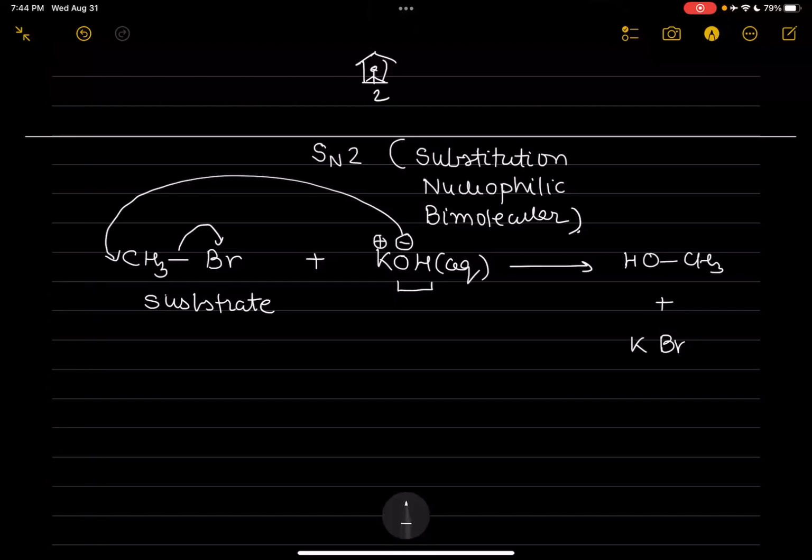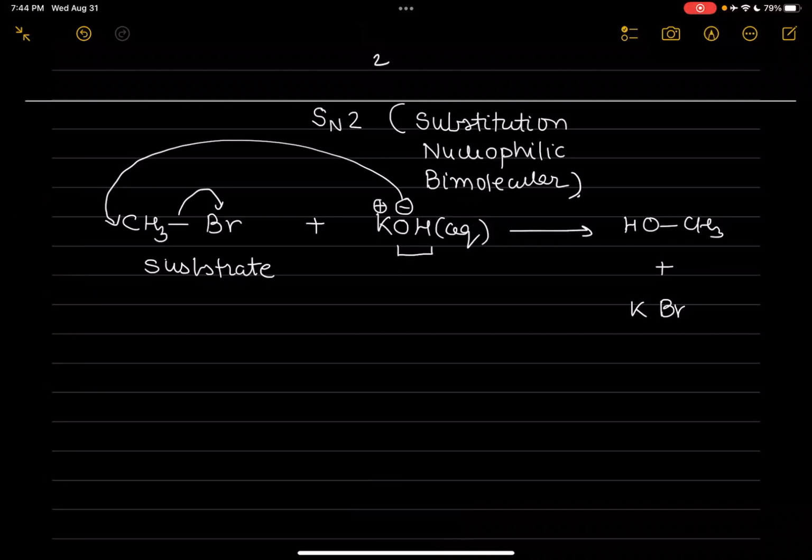Okay, that's the way we are going to write it. So this is a nucleophile. Okay, the nucleophile is the substance which will come in and share its unshared pair of electrons with the carbon atom.